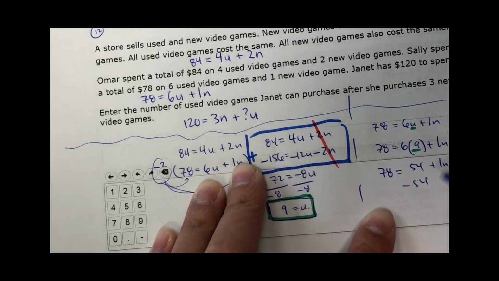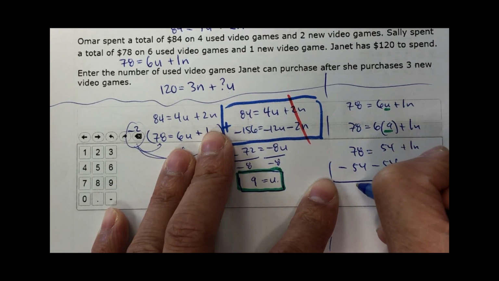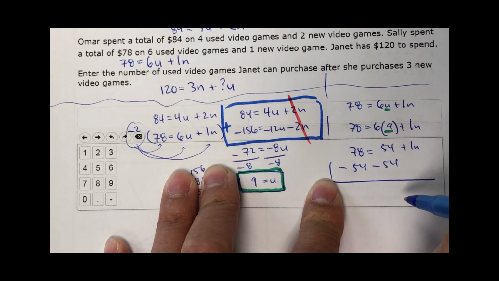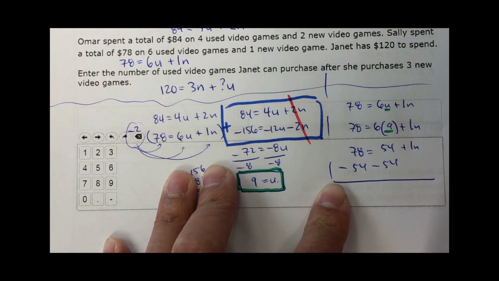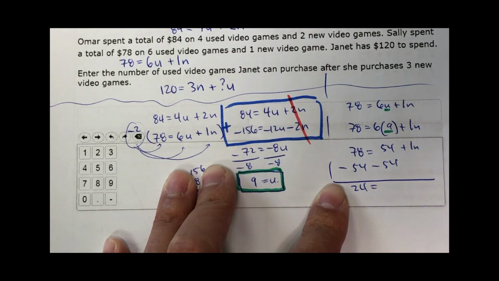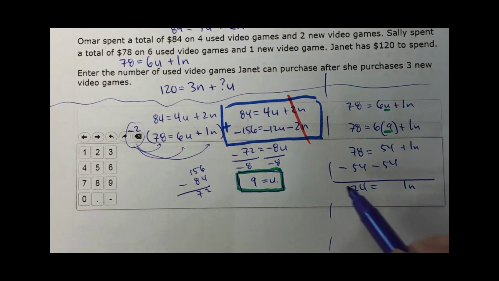And if I subtract 54 from both sides, I'm going to get 24. One new game cost $24.